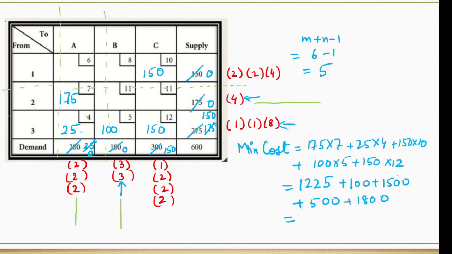So this is 2000. 2000 plus 1800 is 3800, plus 100 is 3900, plus 1225 is 5125. So this is how we could calculate the minimum cost.